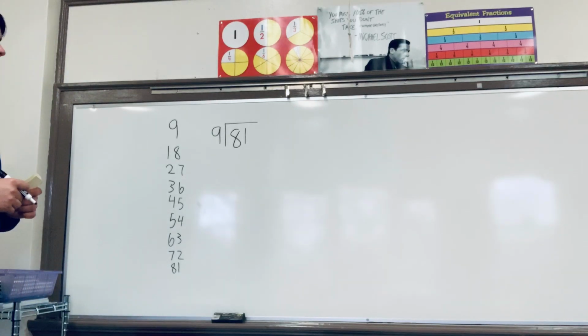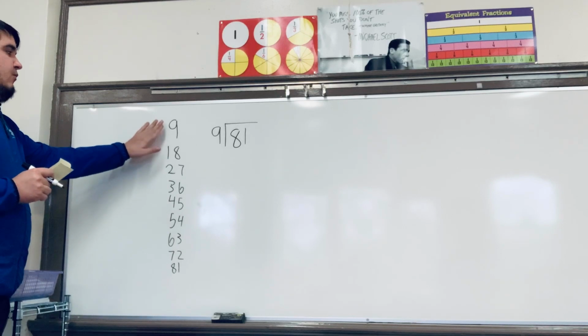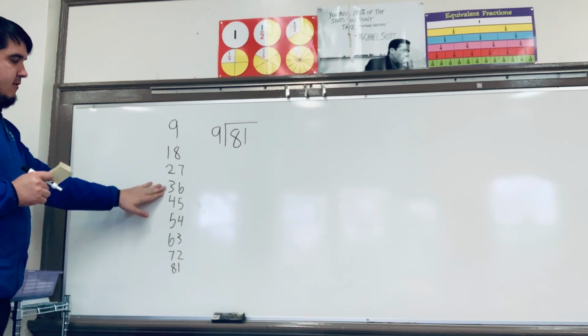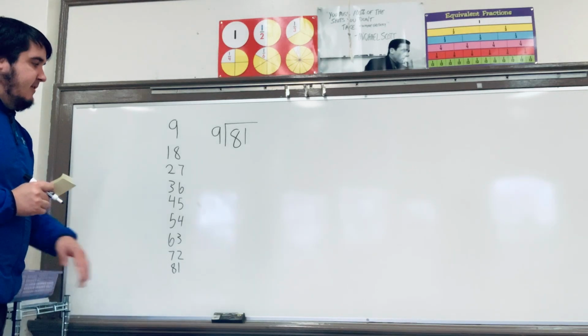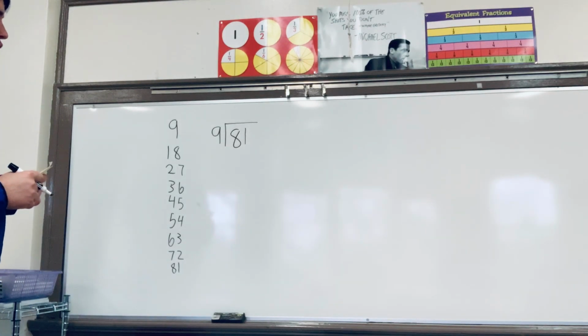So I did that just by skip counting right there, right? So that's 1, 2, 3, 4, 5, 6, 7, 8, 9. So that one fits in perfectly.